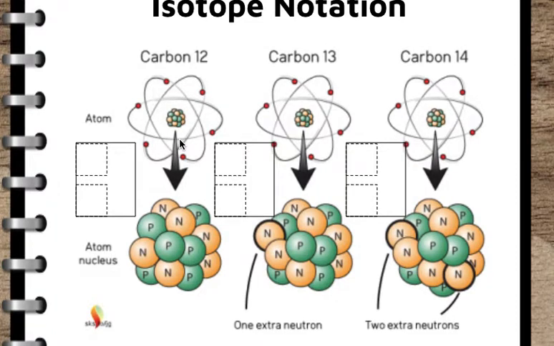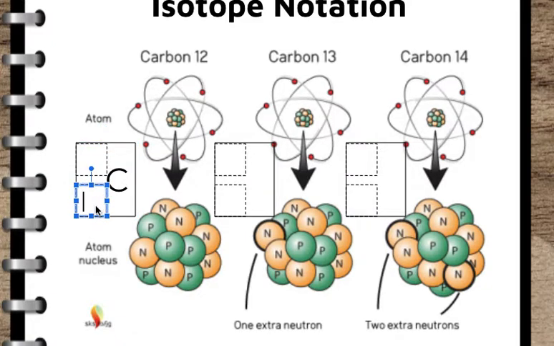And so when we go to write the chemical symbol with kind of our different isotope pieces factored in, we want to make sure that we're writing down what element we're dealing with, which would be carbon, and that's going to be determined by the number of protons. So we're going to write down the chemical symbol for carbon, which is C.